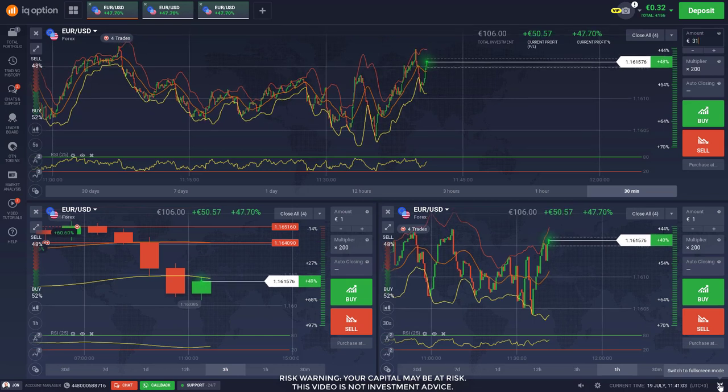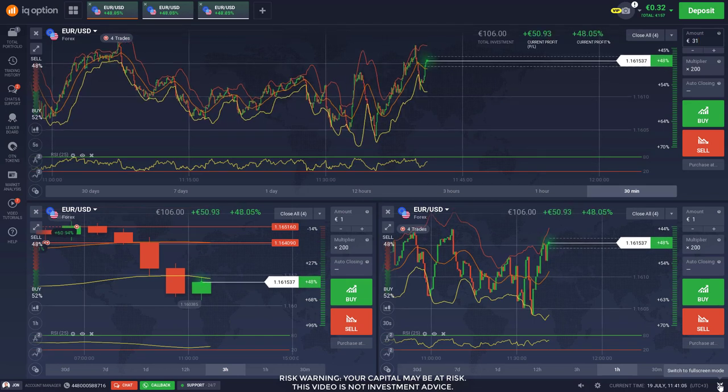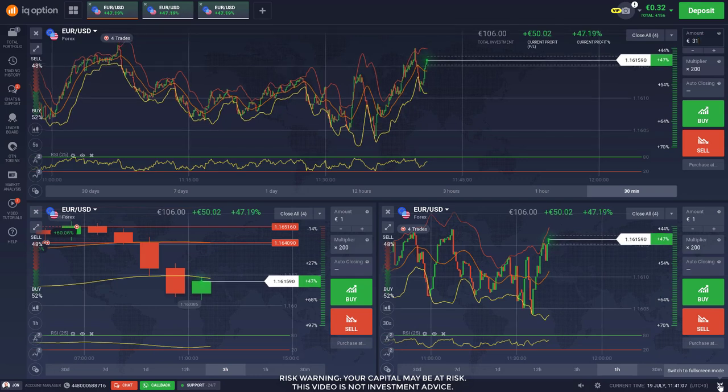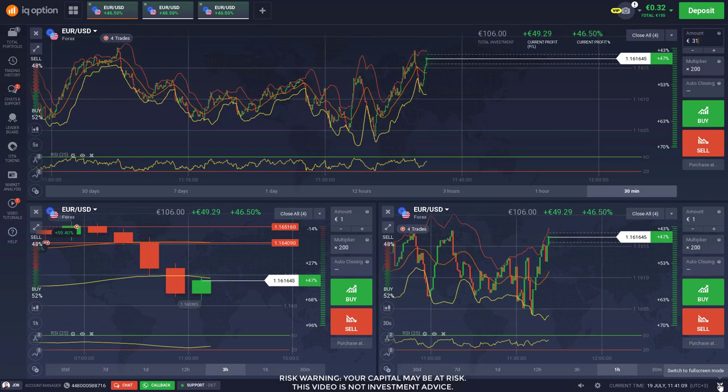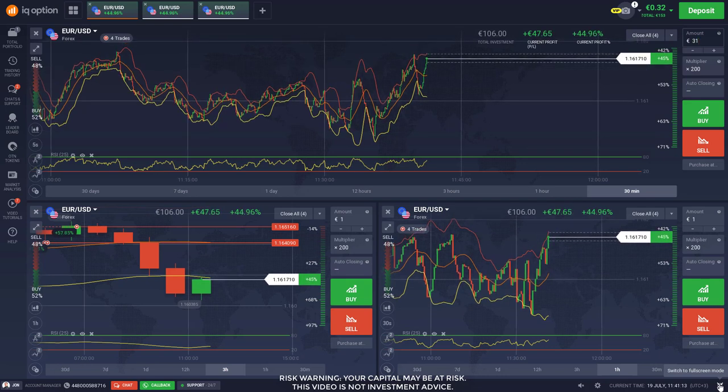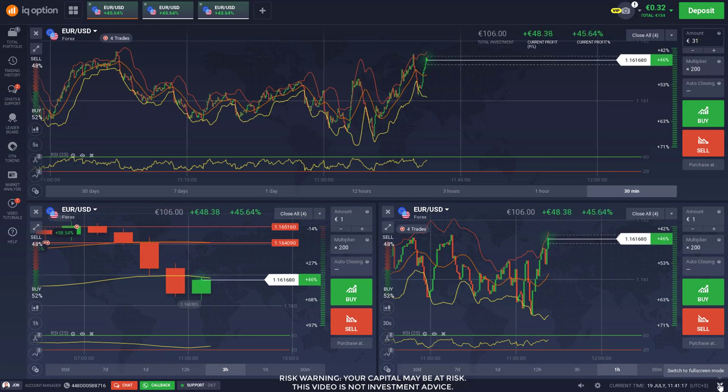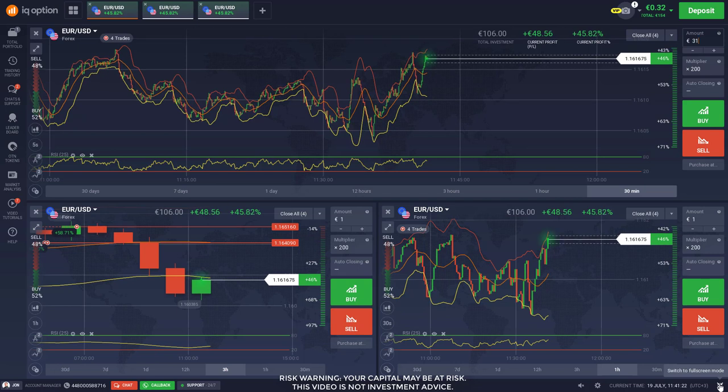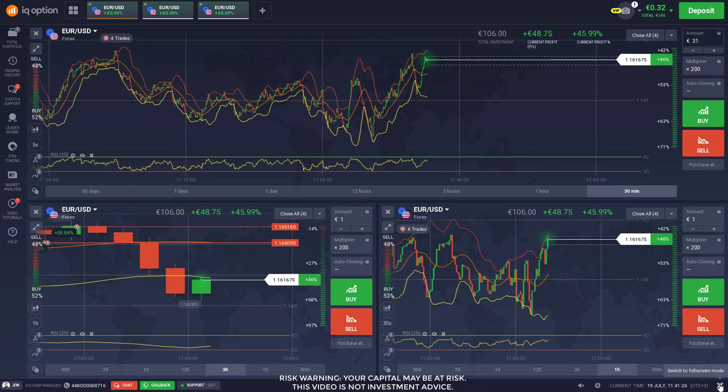See, the 5 seconds RSI didn't touch the bottom and went back again. But next time when 5 seconds RSI touch the top, it is very likely to come down.